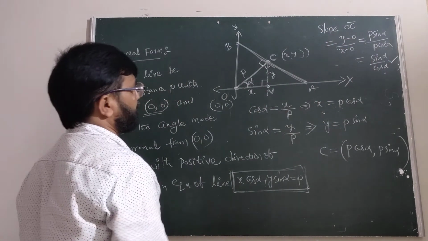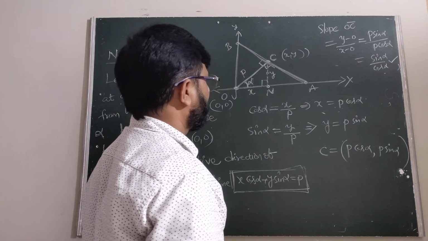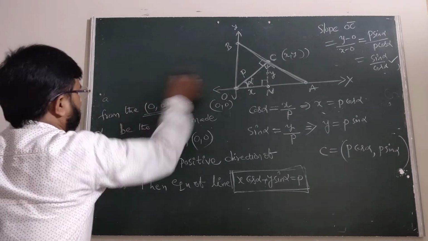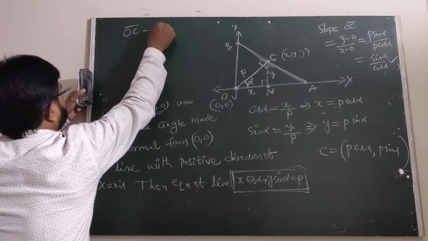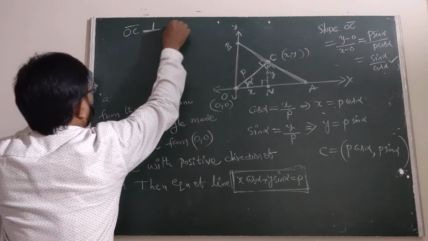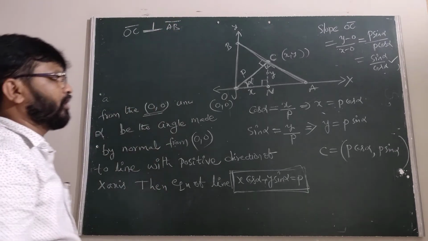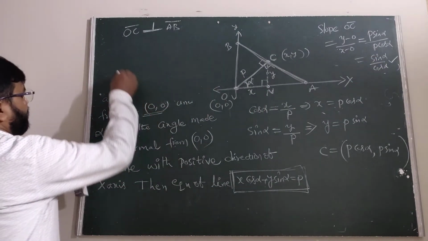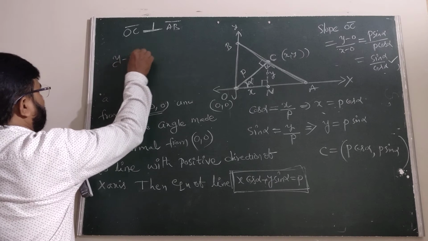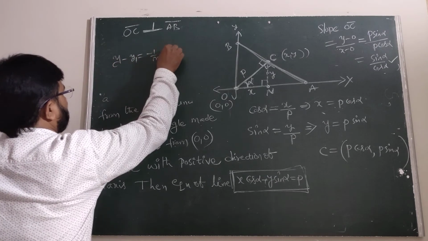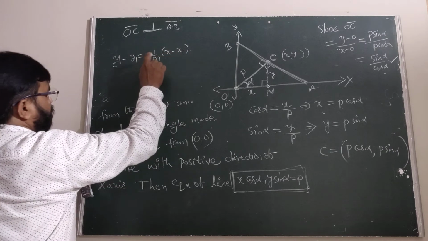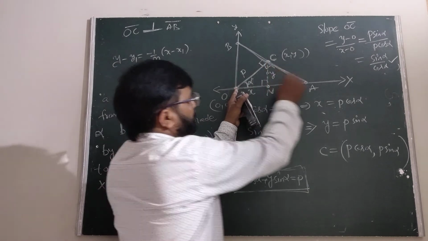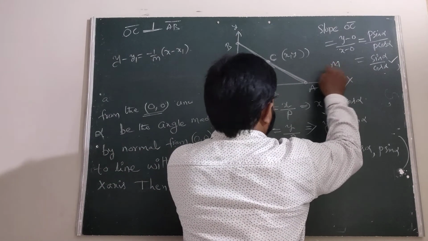But OC is perpendicular to AB. Is it clear? All of you listen here, the OC segment is normal to AB. Now the slope of AB must be minus cos alpha by sin alpha. Now we are taking y - y1 = -1/m (x - x1). So why are we taking -1/m? This slope we are taking as m.